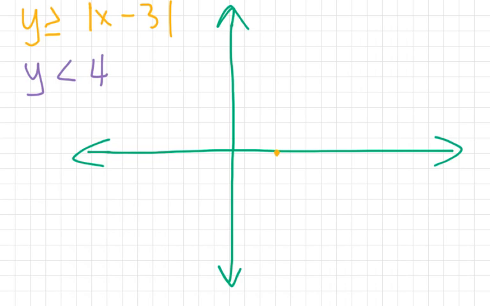If I were to have something on the outside of this, like a -1, then our translation would be 3 units to the right and also down 1 unit. That would be our vertex. But for now, we're just going to work with the -3. Okay, so our vertex is here.